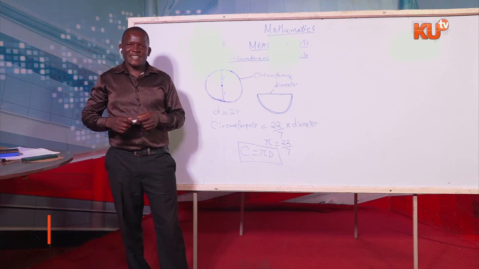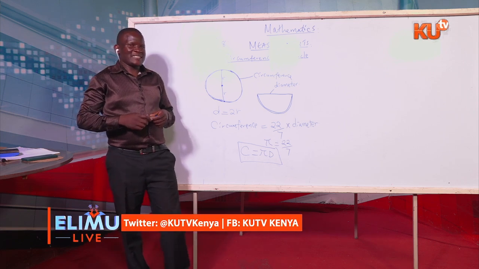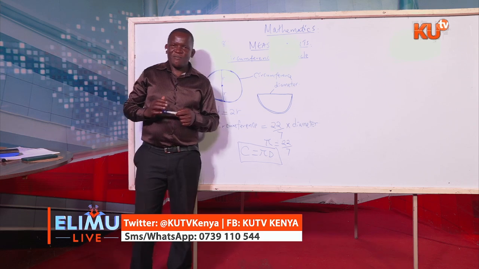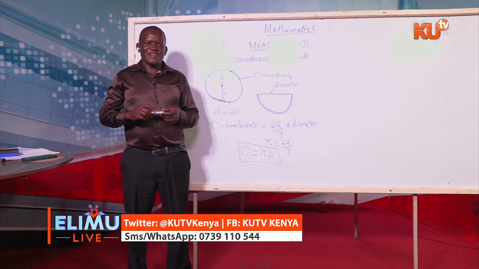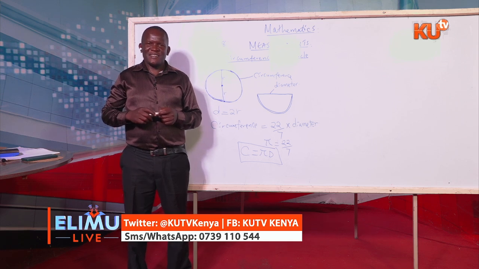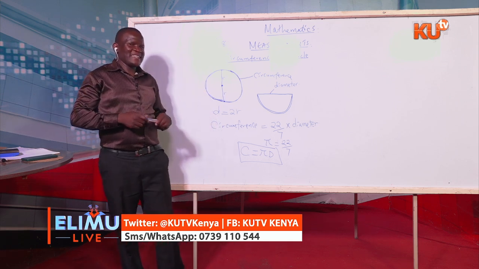Let me repeat that point once again. The formula for finding the circumference of a circle is given by pi d.